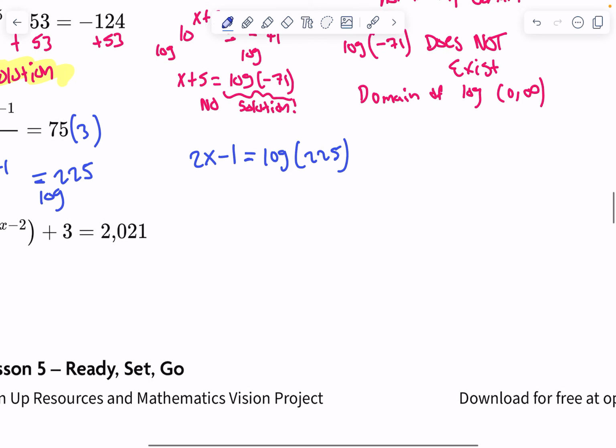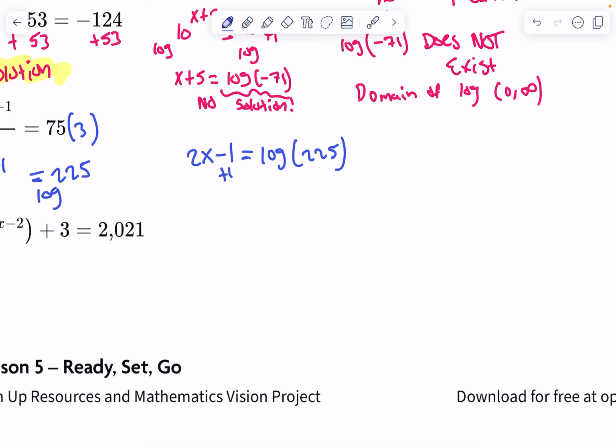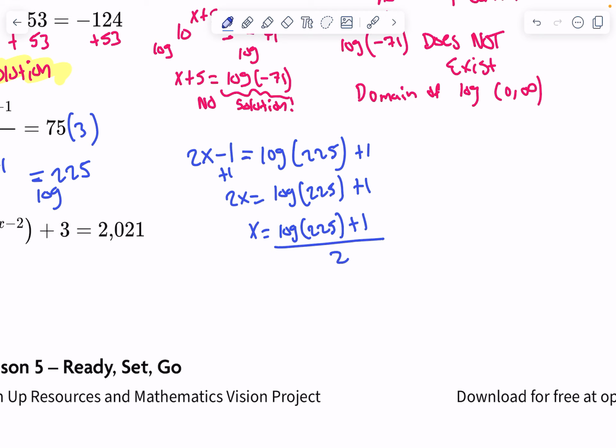How do I solve for x now? I add plus 1 on both sides. So I get 2x is equal to log of 225 plus 1. I divide this by 2 at the very end. So I get that x is equal to log of 225 plus 1 all over 2.